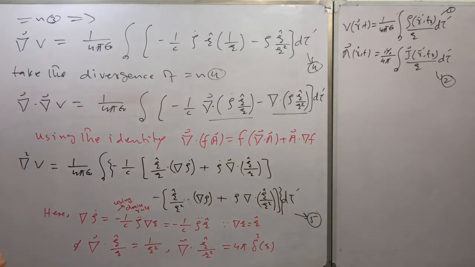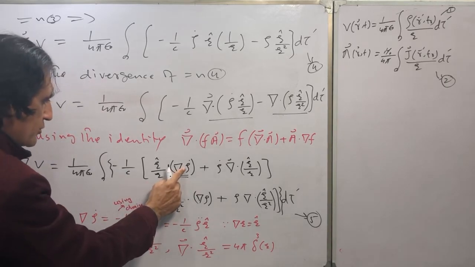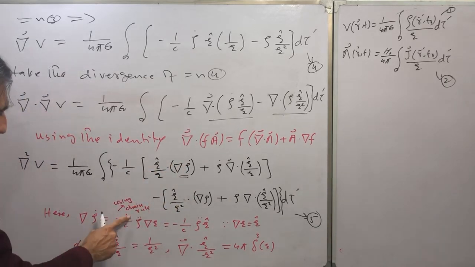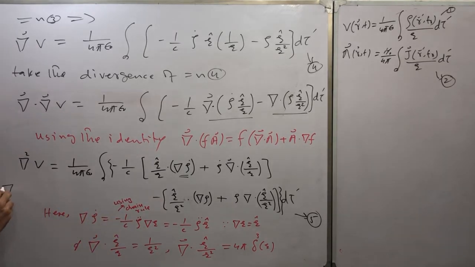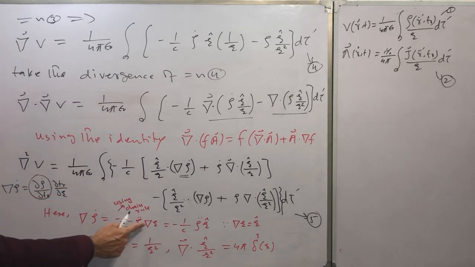And here this term, delta rho dot, we can use the chain rule: delta rho dot divided by delta t_r and delta t_r divided by delta r. So this is rho double dot, and this we can use delta r.